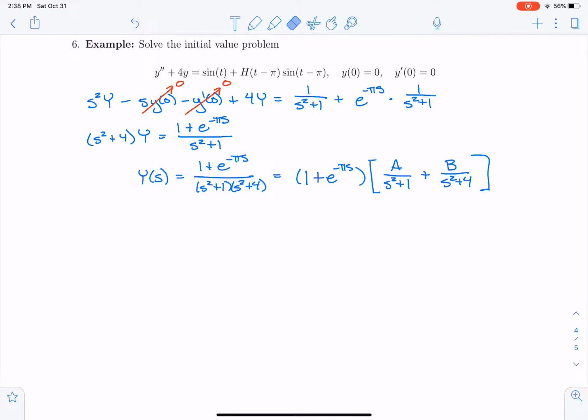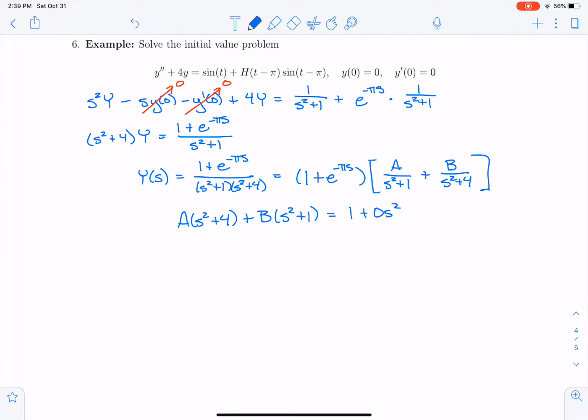So that tells me, using the partial fractions, that we have A times s squared plus 4 plus B times s squared plus 1 is equal to 1, and then of course there's a 0 s squared. With these coefficients, I used A and B. I didn't use As plus B and Cs plus D, and that's because there are no single s terms, so I knew that the only non-zero coefficients would be the constants A and B.